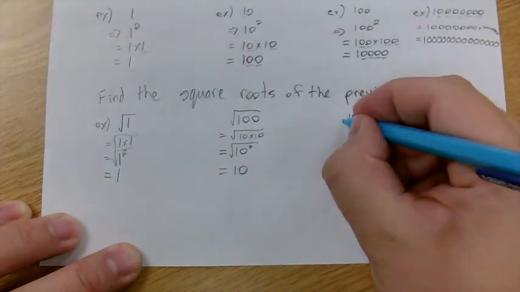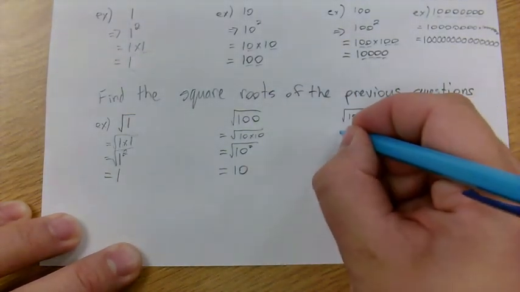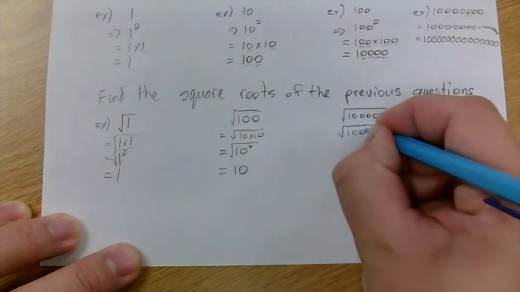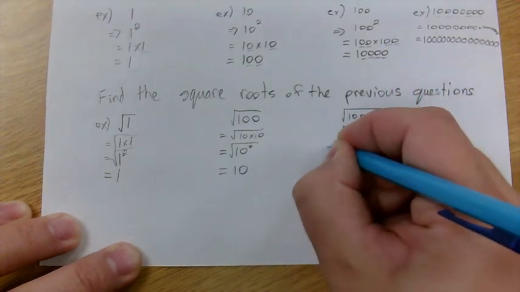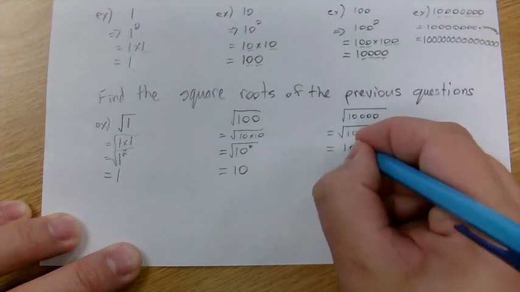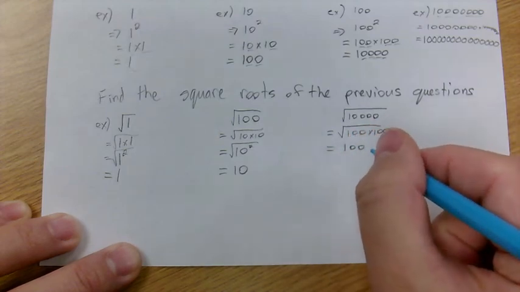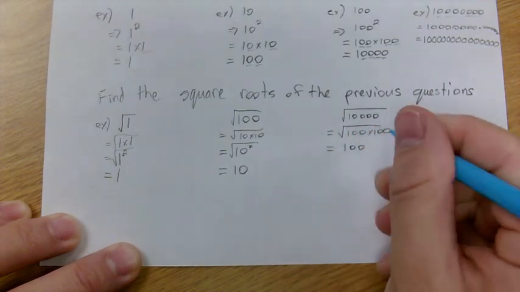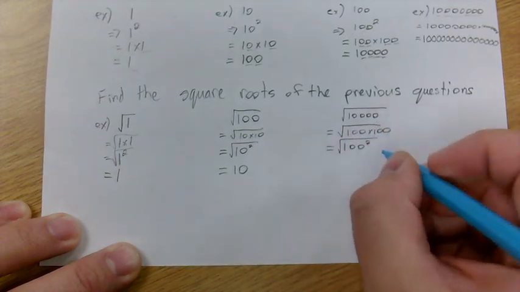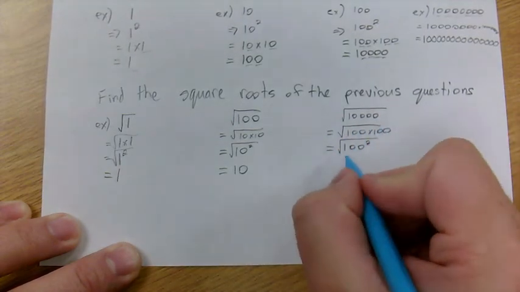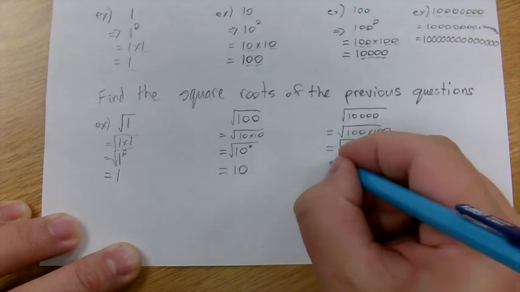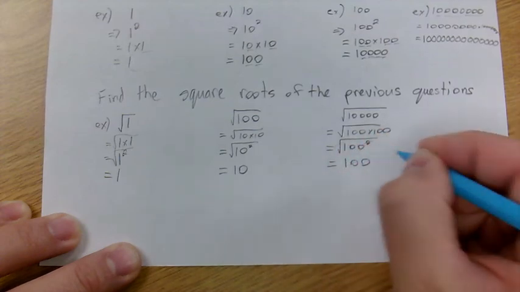The square root of 10,000 is the same thing as the square root of 100 times 100. So therefore, it is 100 squared that we have underneath. So this cancels out with that, and we end up with 100.